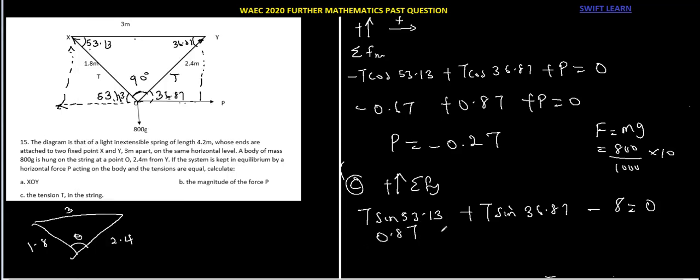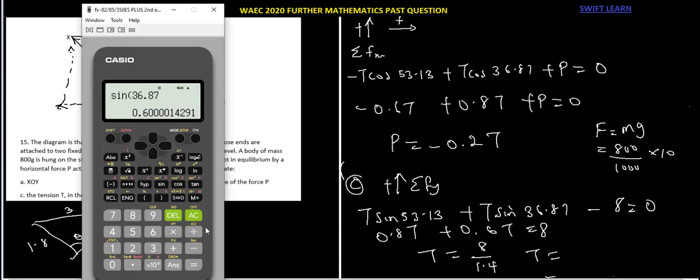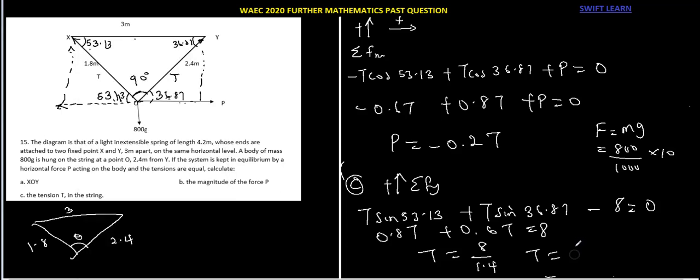So I have 0.8T plus 0.6T equals 8. So T is equal to 8 divided by 1.4. So our T is what? 5.714. So our T is 5.714 Newton.